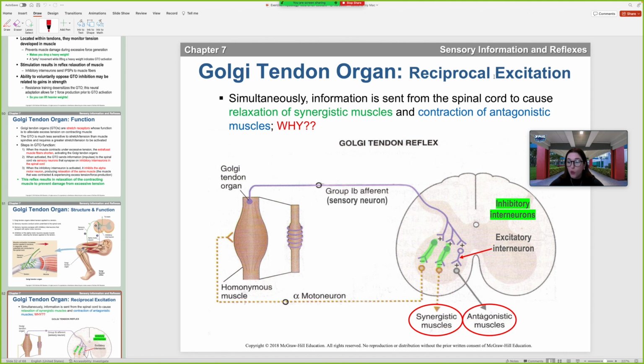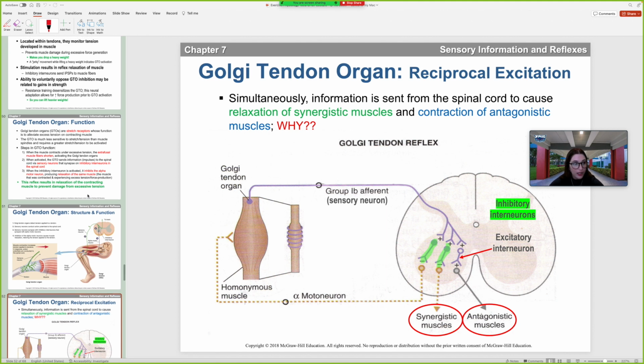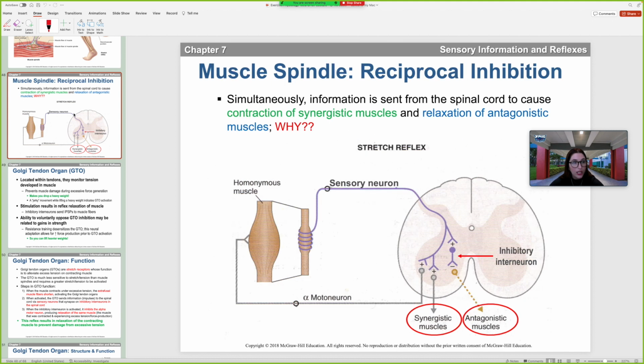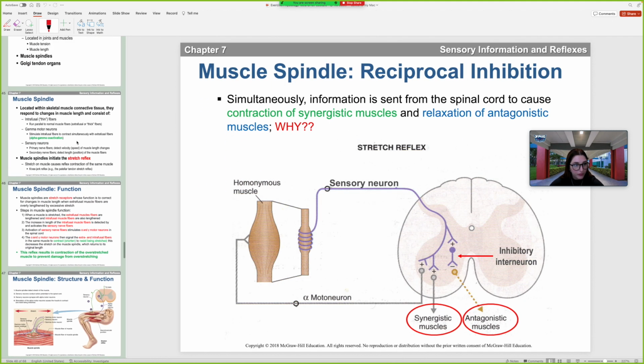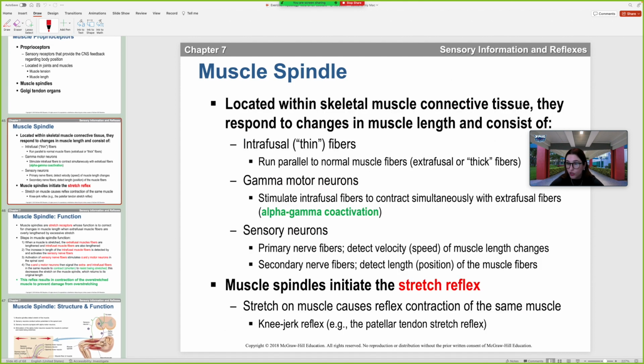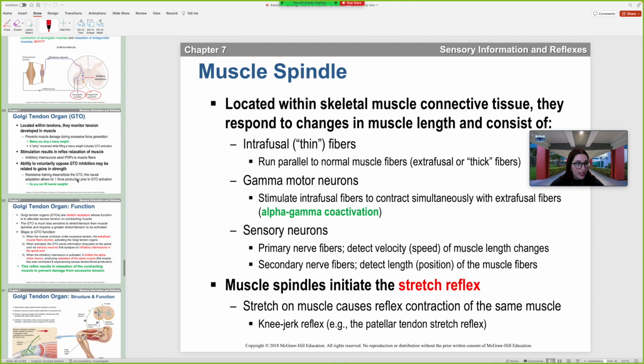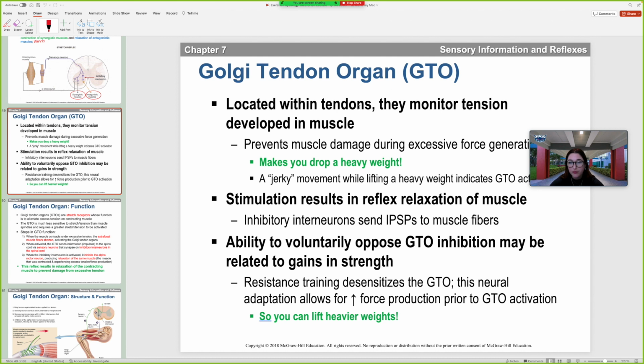I want you to know where each one is located. Okay, so the muscle spindle is in the connective tissue, and the GTO is in the tendon. Okay, so I want you to know where each one is. I want you to know that they are both stretch receptors. Okay, they are both stretch receptors.